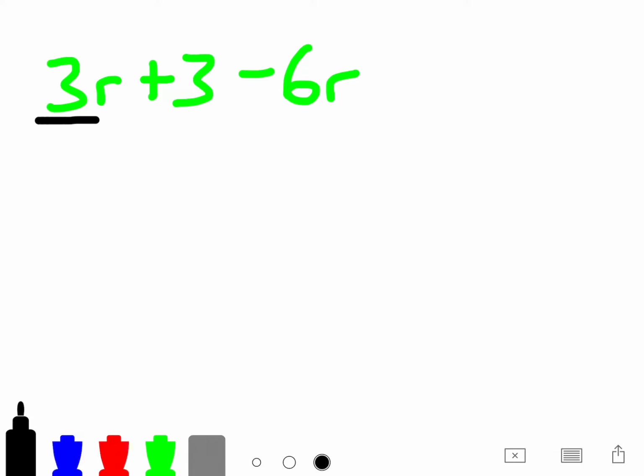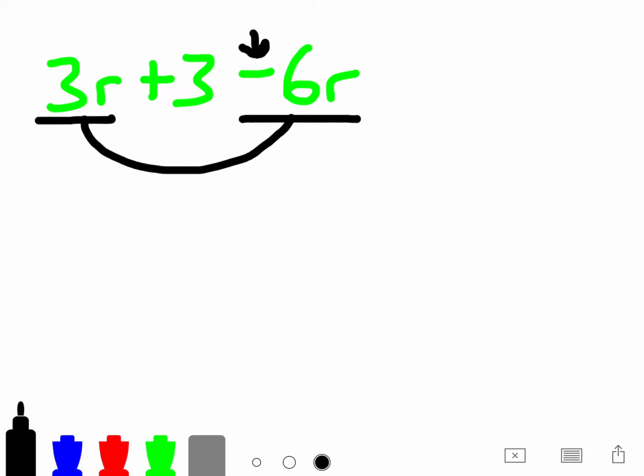Well, let's look. 3r and 3. Well, they don't have the same letter, so we can't combine them. What about 3r and negative 6r? Please remember that the sign in front of it is super duper important. So we can combine 3r and negative 6r because they are the same letter to the same power, right?